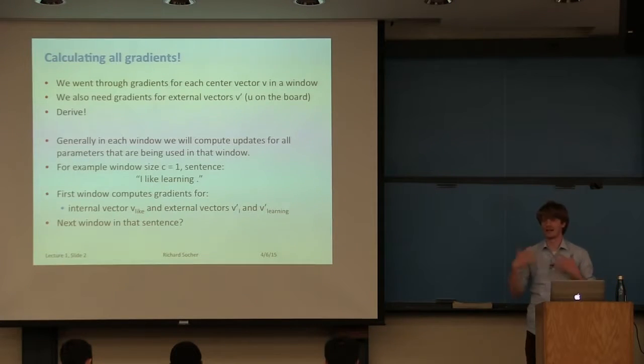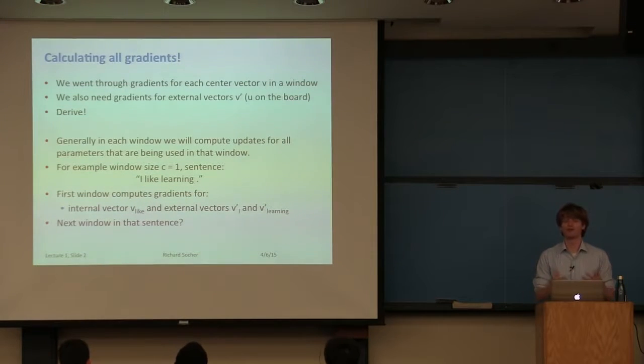But of course, and sorry for not mentioning that earlier, we have to calculate the gradients of all the vectors in any window. So while we just went through the gradients for each center vector, we also need the gradients for all the external or outside vectors, v prime or u on the board in the equations that we wrote.